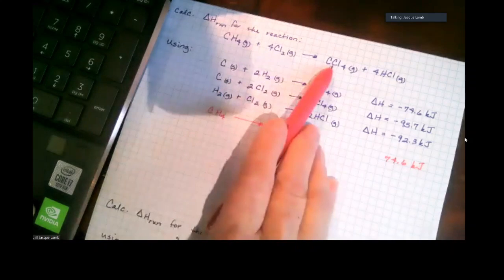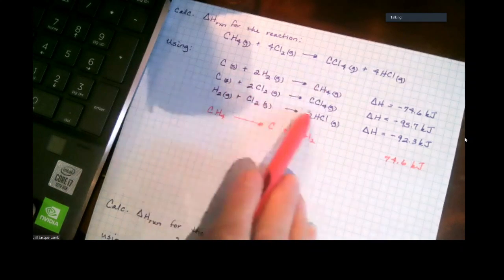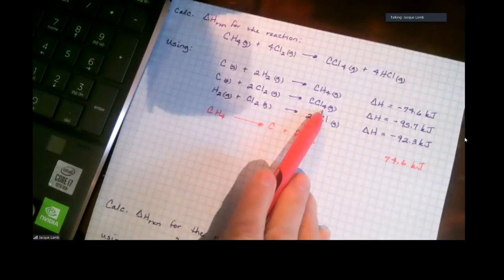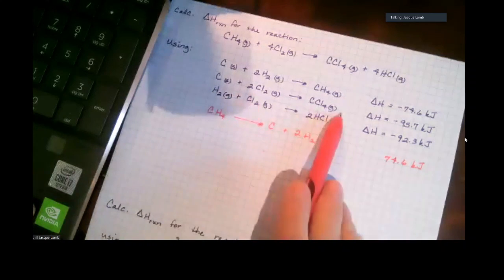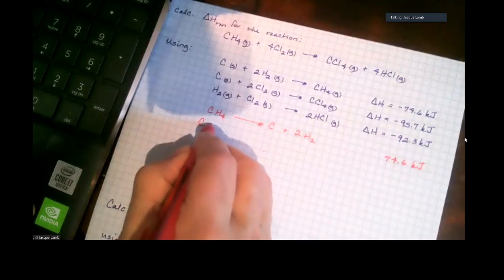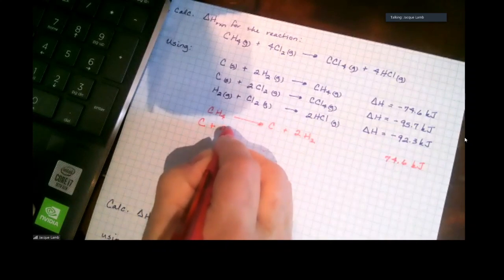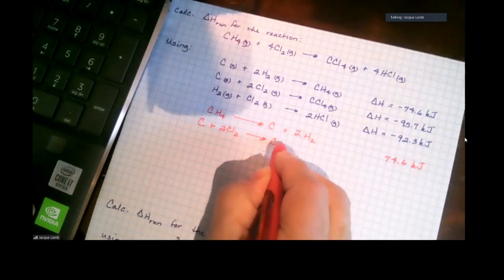Now I'm going to look for the product that I want, which is carbon tetrachloride. And that's here in this reaction. And it is exactly as written. So I'm going to use it as is and say that carbon plus 2 chlorine goes to carbon tetrachloride.